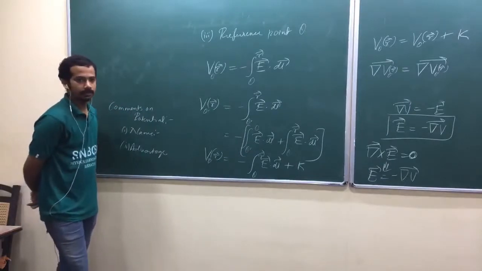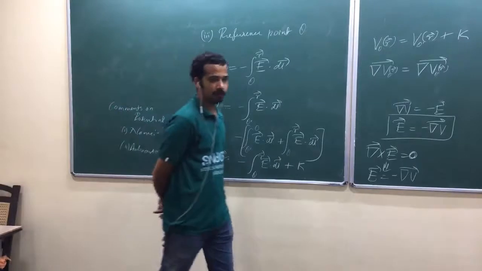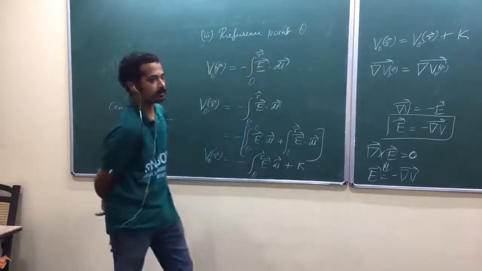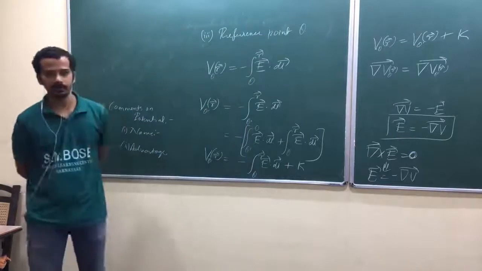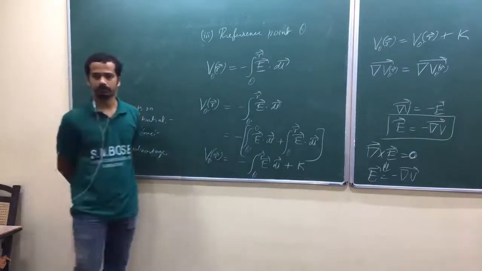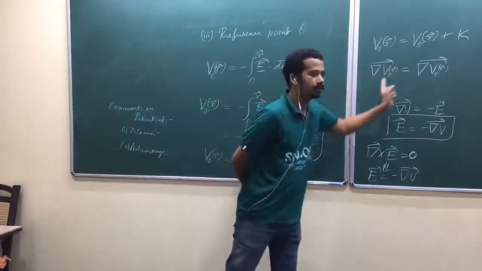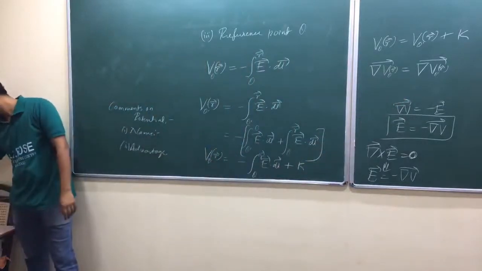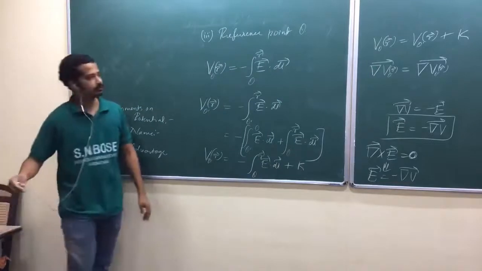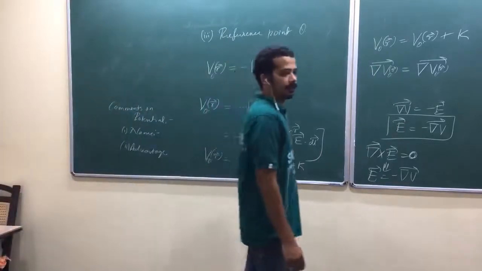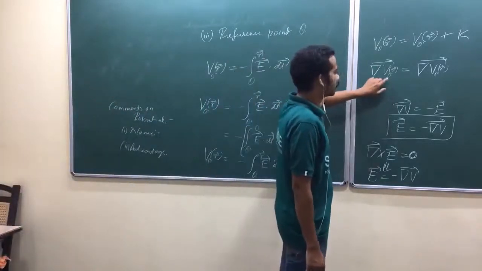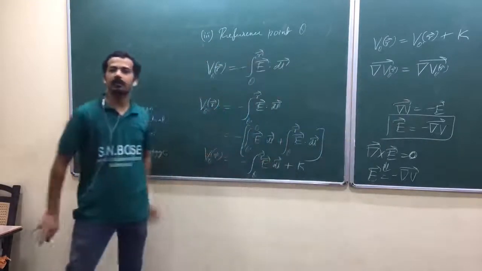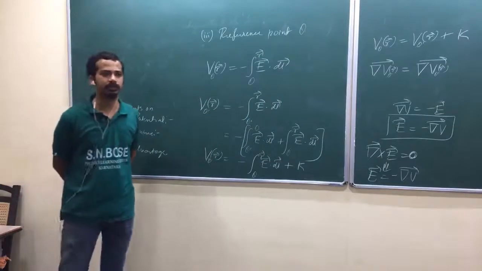So even though there is an ambiguity in the potential formalism, it will not affect the definition of the electric field, because the electric field is the gradient of the potential. Whatever reference point you choose, the gradient will be the same. Potential defined with O as the reference point and with O prime as the reference point both have the same gradient, so both give the same electric field.